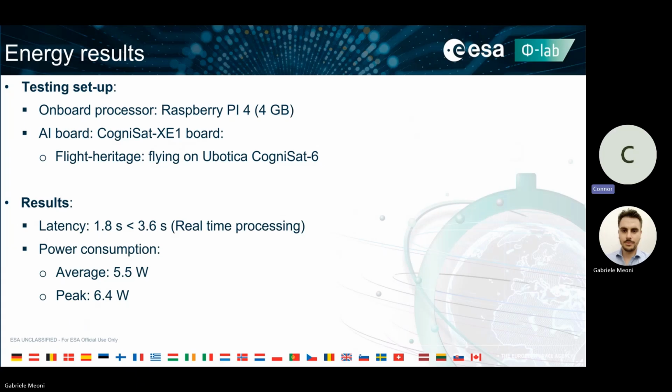That means you are able to process it in real time. Of course, this is very interesting. You can look at the paper in the references to see the qualitative results, because also quantitatively the model works quite well. The average power consumption is 5.5 watts. That is quite good to do this kind of processing. Just to show that this kind of raw data processing might be very interesting for your application.